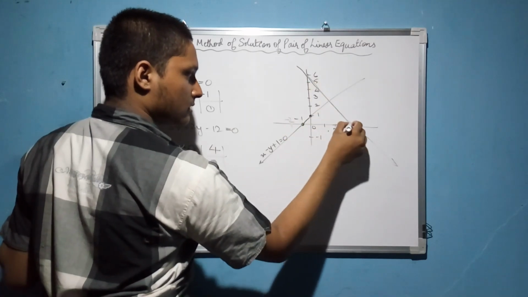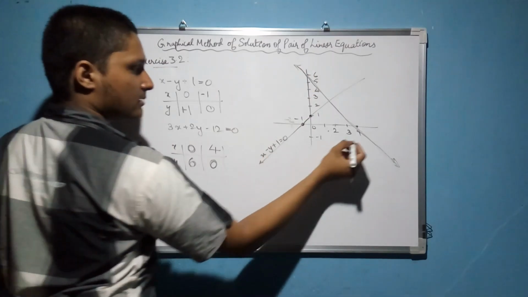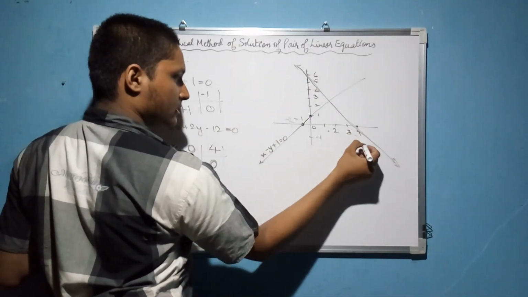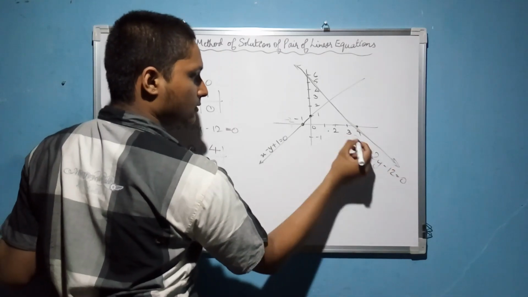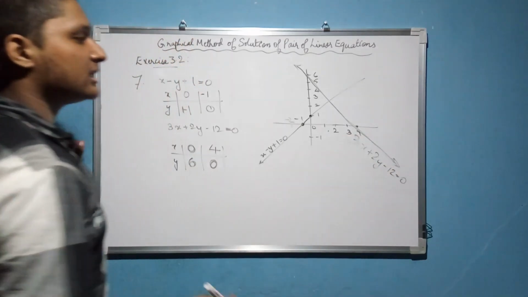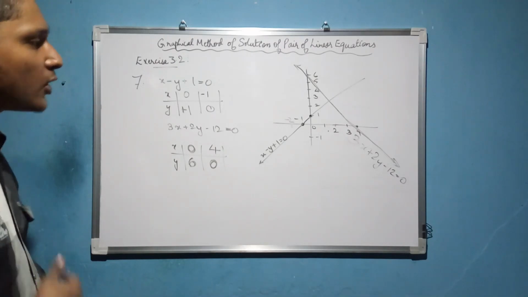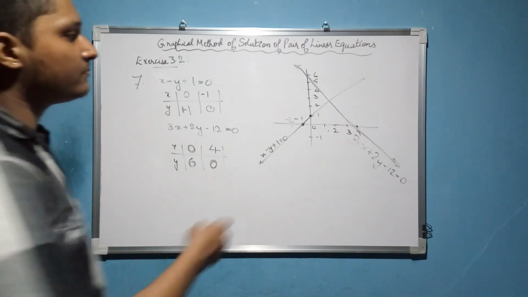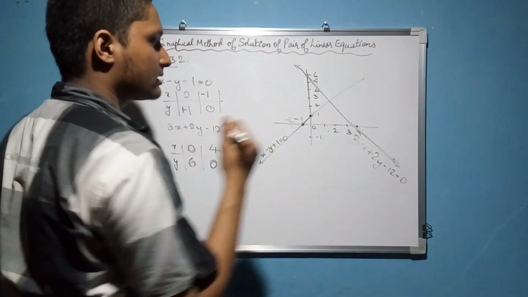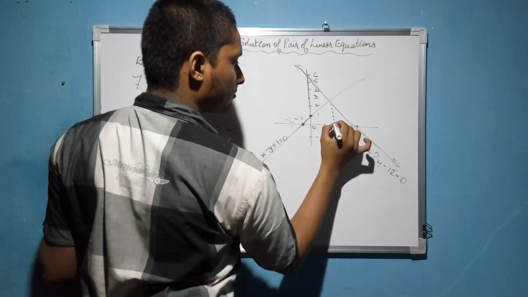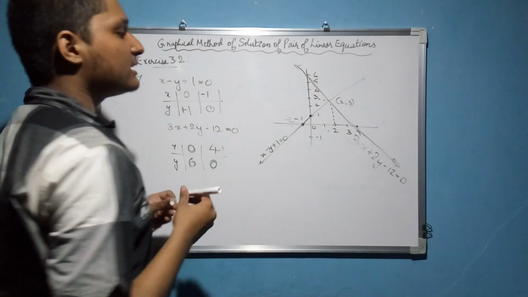This line is 3x plus 2y minus 12 is equal to 0. Now what is the point here? The point here comes to be 2, 3, right?